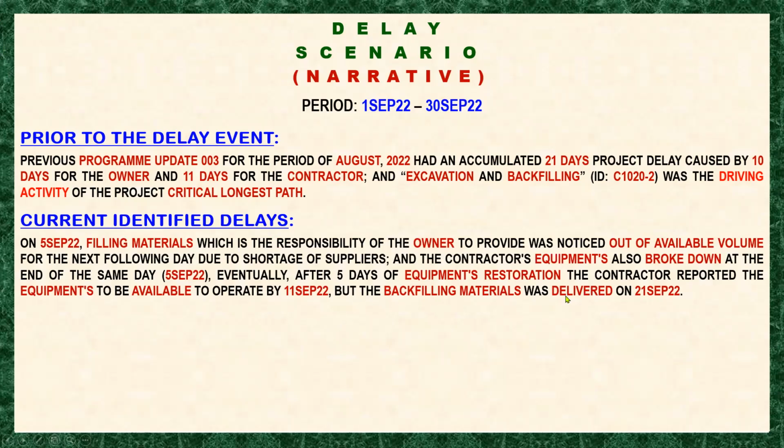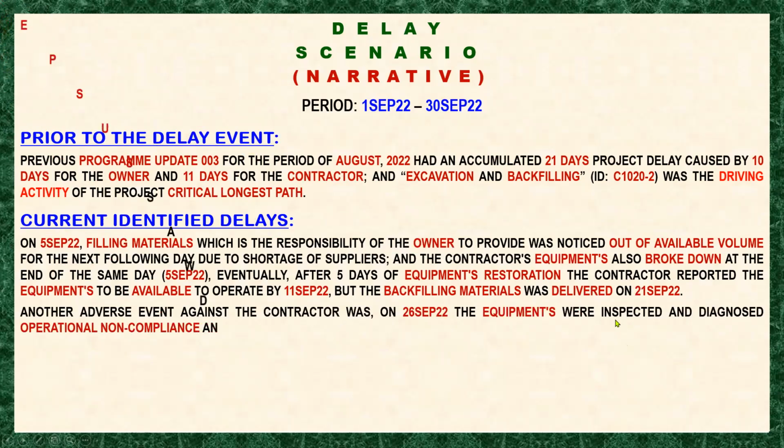But the backfilling materials were delivered on 21st of September 2022. Another adverse event against the contractor was on 26th of September: the equipment was inspected and diagnosed with operational non-compliance, and was suspended from operating until further notice after compliance.